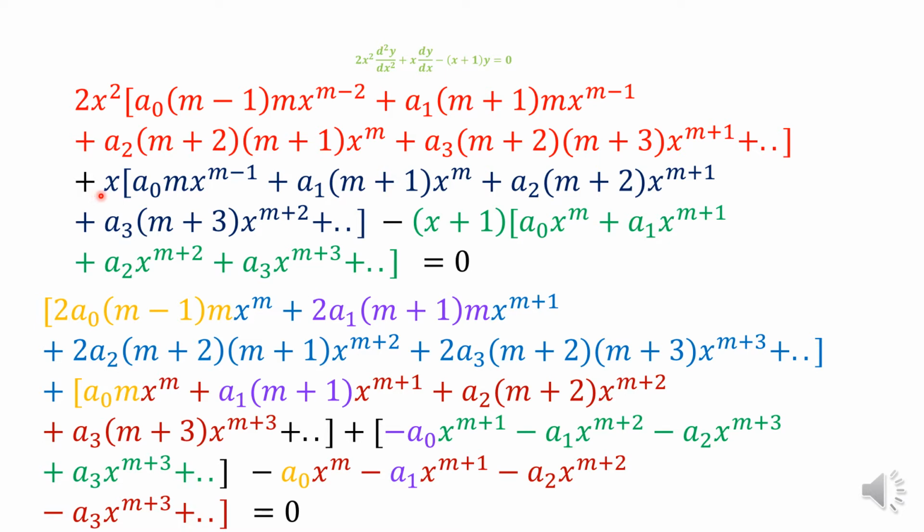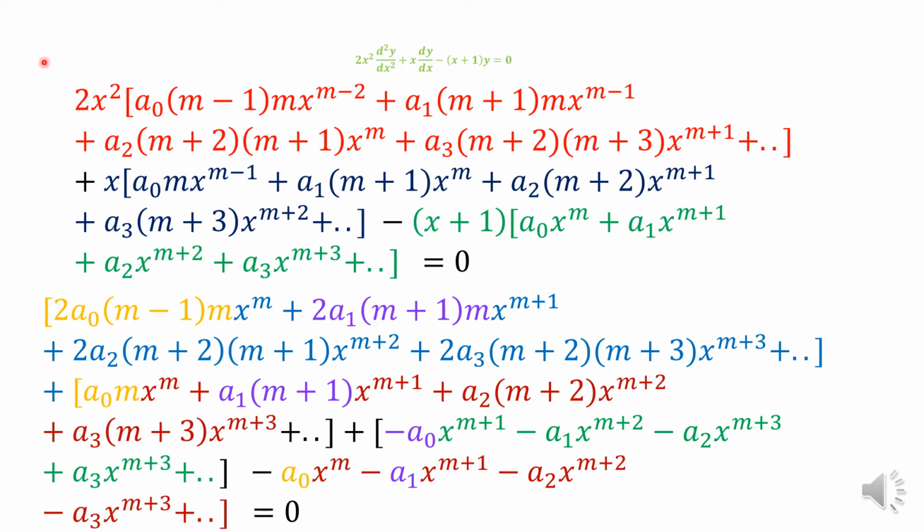Further x as such, then dy by dx: a naught m x to the power m minus 1 plus a1 (m plus 1) x to the power m plus a2 (m plus 2) x to the power m plus 1 plus a3 (m plus 3) x to the power m plus 2 plus more terms. Then minus (x plus 1) as such, times y: a naught x to the power m plus a1 x to the power m plus 1 plus a2 x to the power m plus 2 plus a3 x to the power m plus 3, is equal to 0.